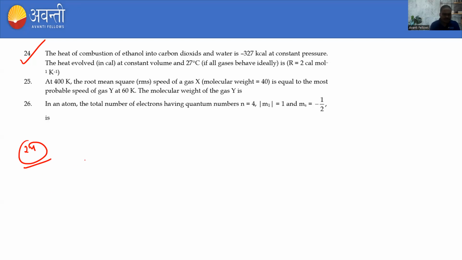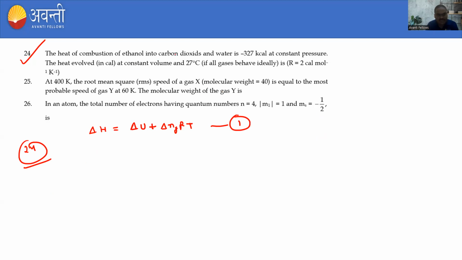So we know the very simple formula, that is delta H is equal to delta U plus delta Ng into RT. We know this formula, right? So first of all, you need to calculate the delta Ng for this reaction, the number of moles of gas on the product side.